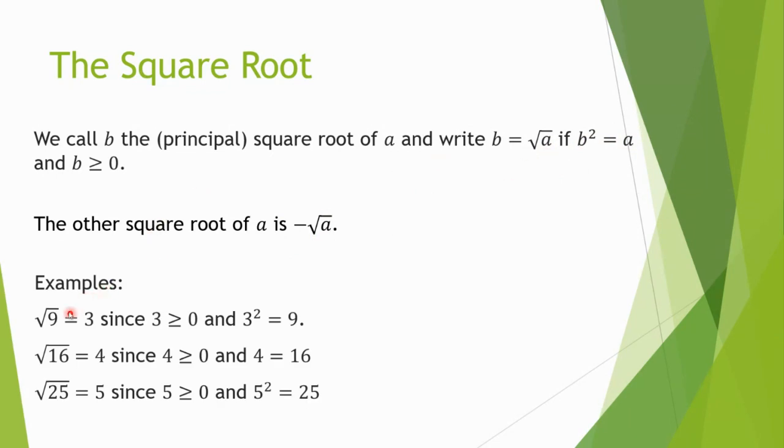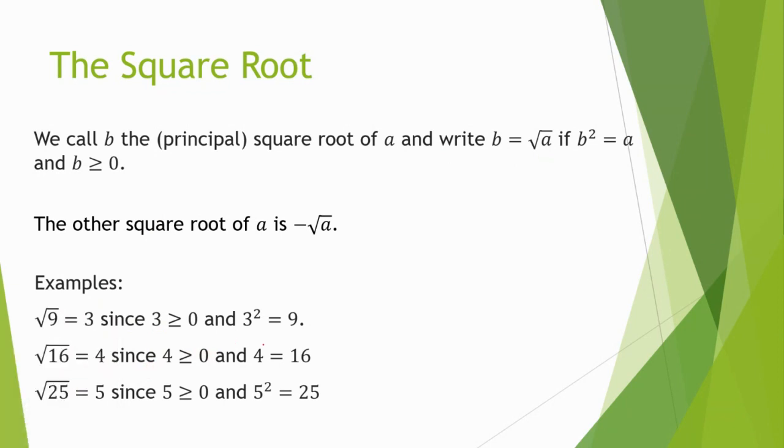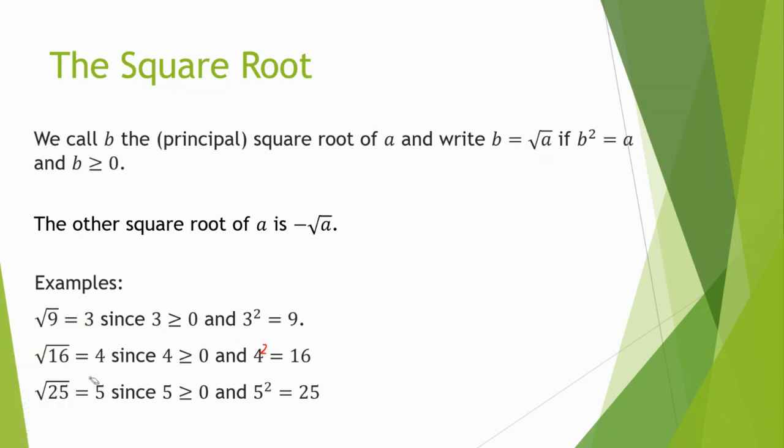But here are some examples. So the square root of 9 is 3. And we saw that already. 3 is non-negative, and 3 squared is 9. Square root of 16 is 4, right? And that's because 4 is non-negative. And I forgot to put the square sign in again. Let me fix that. And because 4 squared is 16.